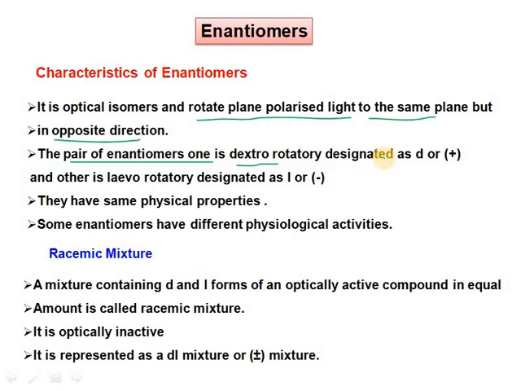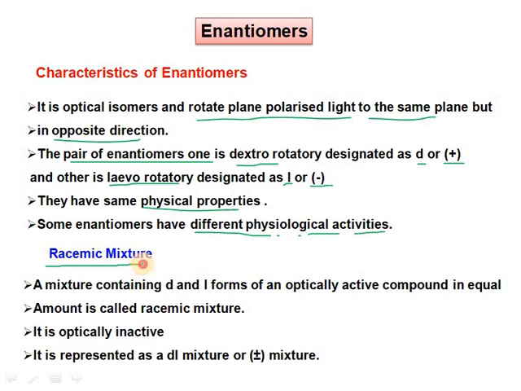One is dextrorotatory, designated as small d or plus sign, and the other is levorotatory, designated as small l or negative sign. They have the same physical properties. Next, enantiomers have different physiological activities.